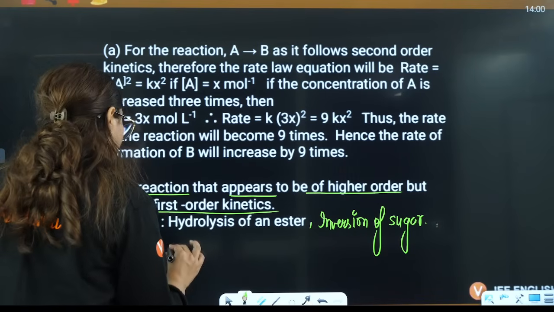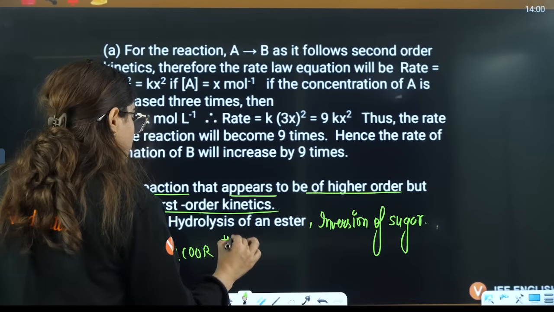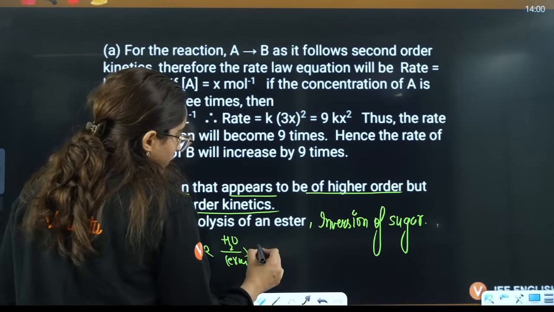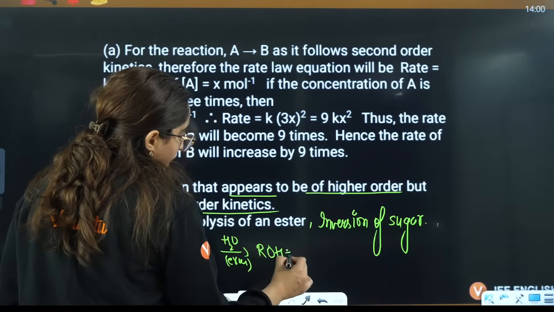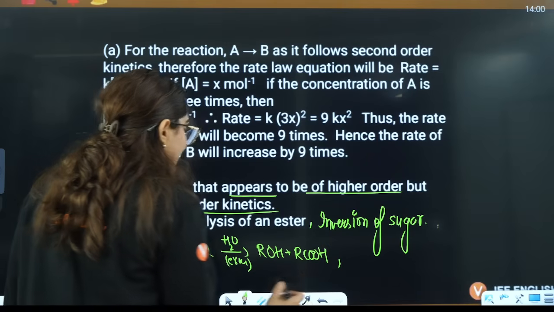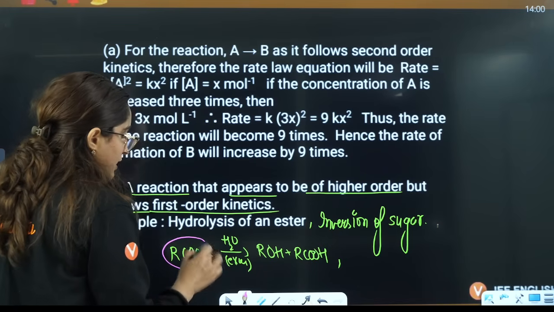Like you have RCOOR. After hydrolysis, you take water in excess, right? This is converted to ROH and RCOOH. Now, here in this case, it appears that it must be dependent upon this and this both.